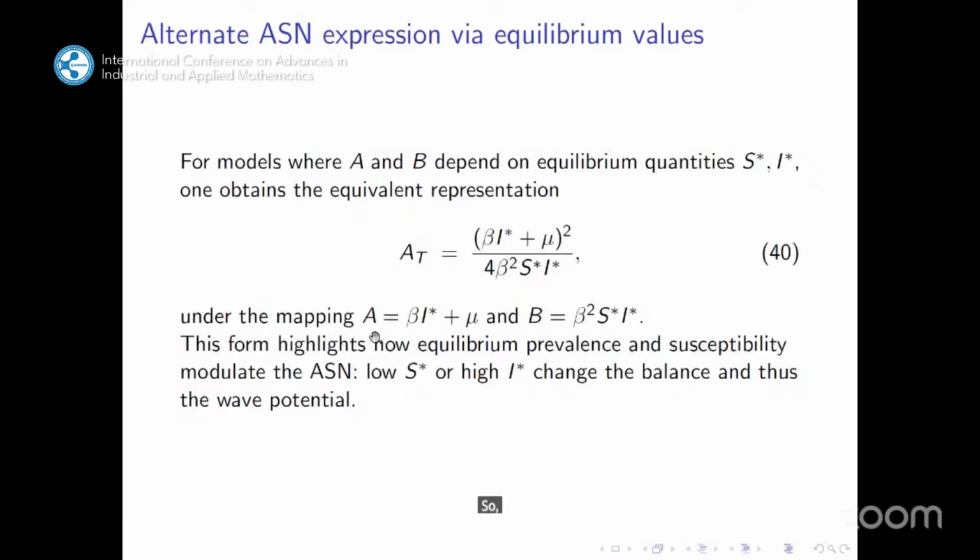It will be under this mapping where A is beta of I plus mu and B is beta squared SI. So this form highlights how equilibrium prevalence and susceptibility modulate the Atangana strength number. So if we have a low S or a high I, it changes the balance, and thus we have a wave potential.